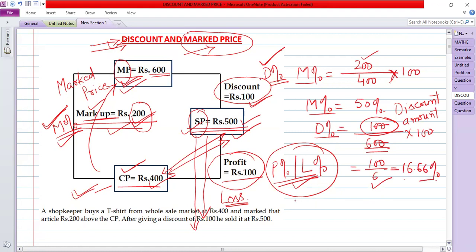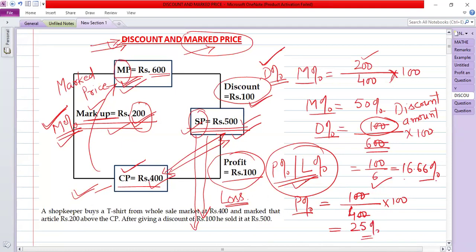Now, the third one is the profit percentage in this case. That will be the profit amount, 100, divided by the cost price, 400, and into 100. If one solves this, it will come out to be 25%.